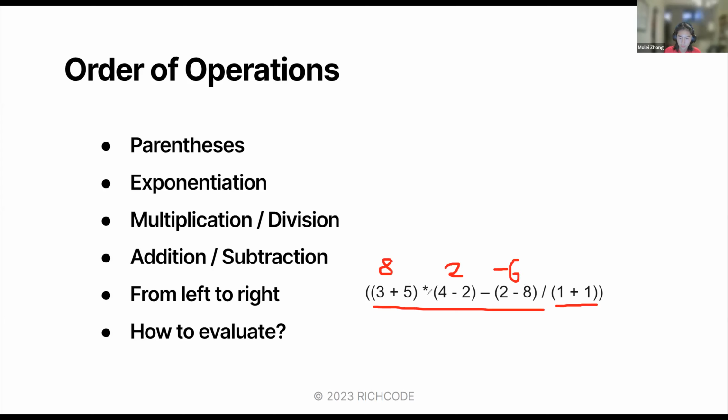And then we have multiplication and a subtraction here. And multiplication comes first. So we have 8 times 2 is 16. And then minus negative 6 is 22. So this whole parenthesis here is 22. And then we have divided by 1 plus 1. Well, 1 plus 1 is 2. So 22 divided by 2 is 11.